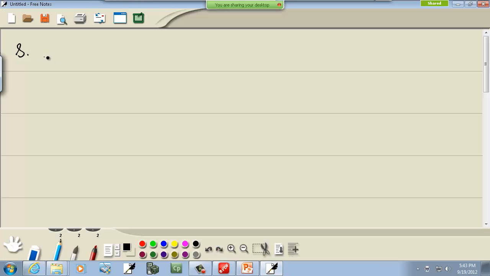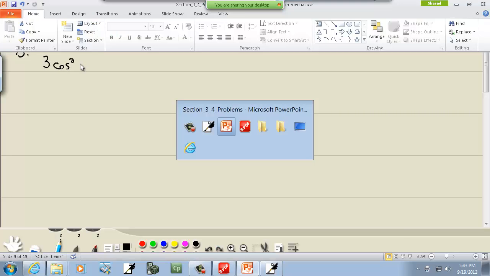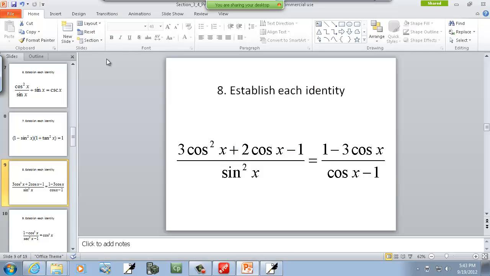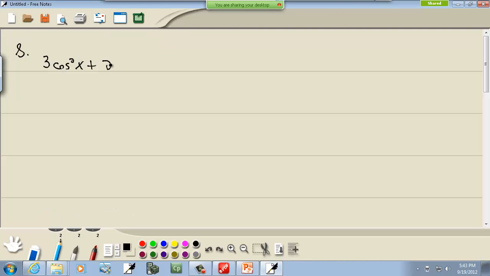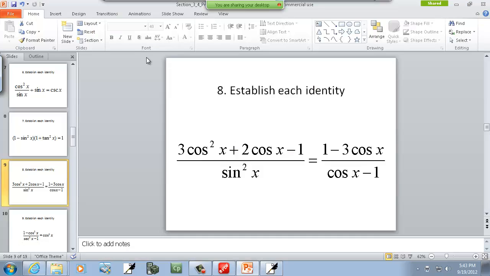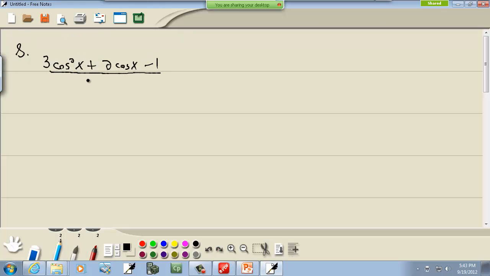So we've got (3 cosine squared x + 2 cosine x - 1) over sine squared x, equals (1 - 3 cosine x) over (cosine x - 1). Excuse me. I don't know.